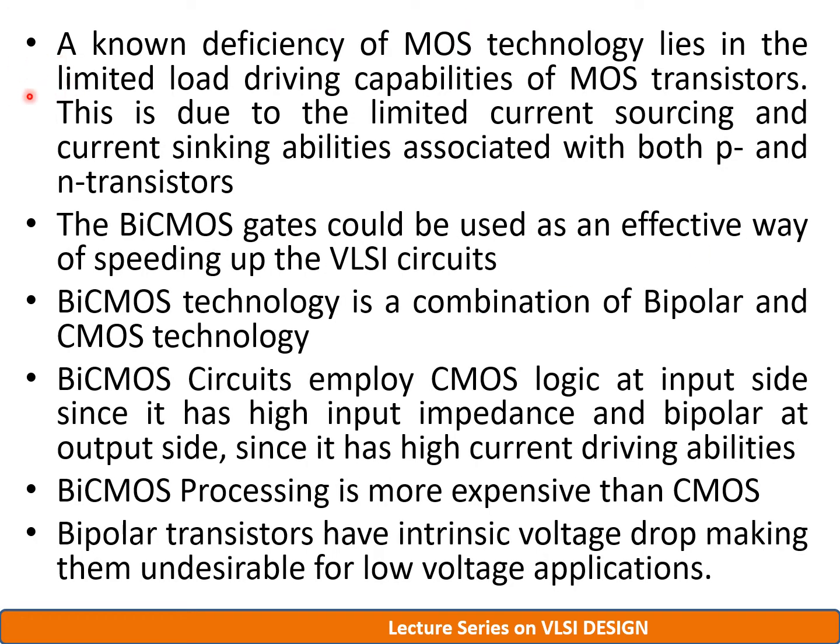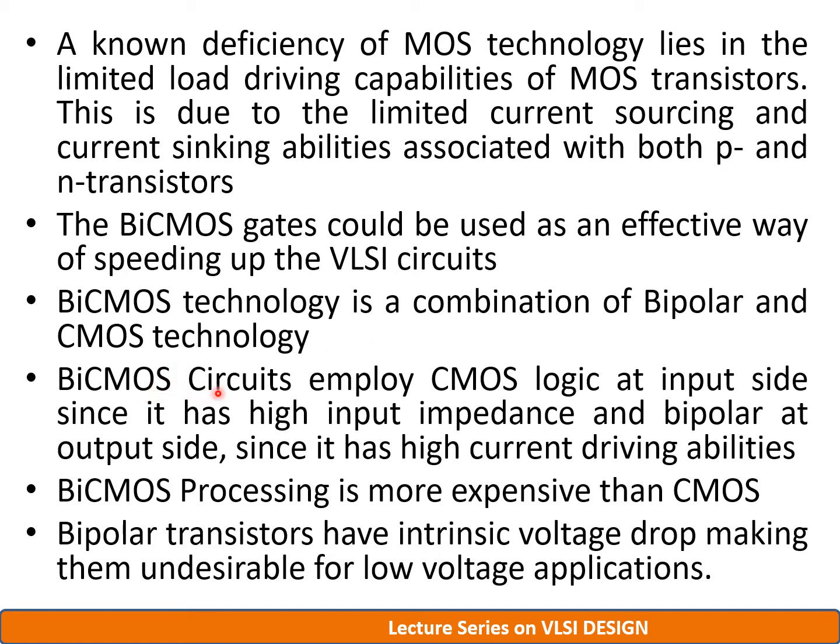The deficiency of MOS technology is it offers limited load driving capabilities. It has limited current sourcing and current sinking abilities both in N and P transistor. So BiCMOS technology is an effective way of speeding up the VLSI circuits. BiCMOS is a combination of bipolar plus CMOS technologies.